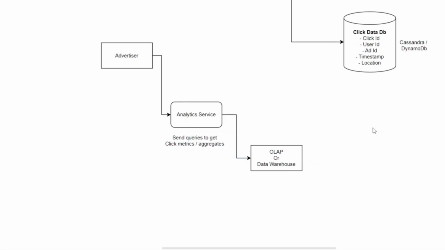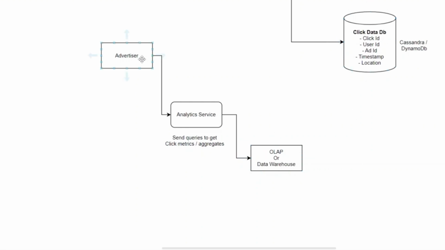Also we would need Apache Spark. How will we transform this raw data into aggregated data? We are using this OLAP or data warehouse because we can store aggregates. We would process all the data from here and store it out here.